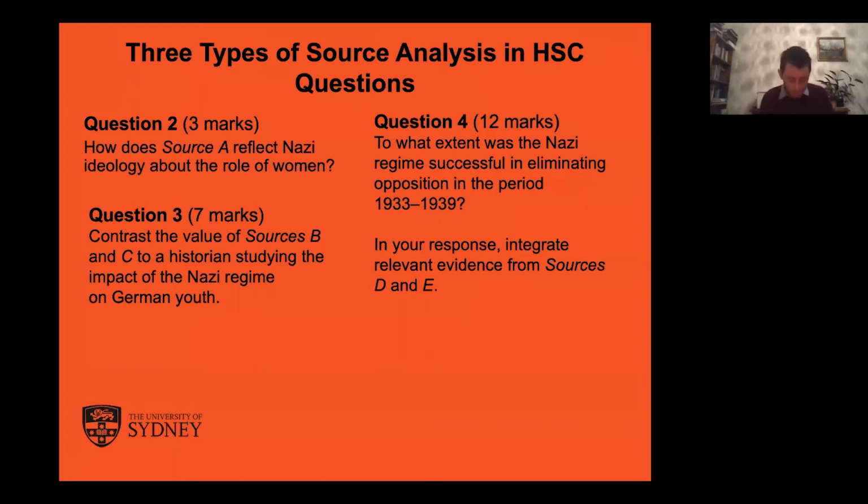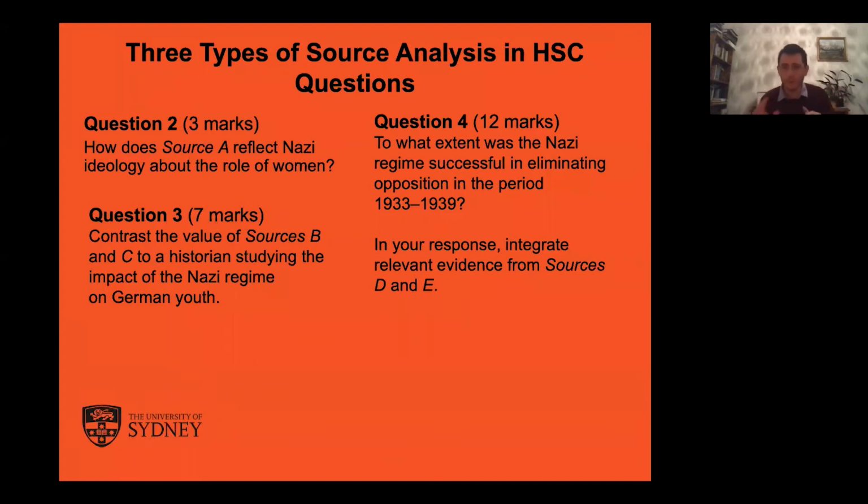Another kind of question you'll be asked is this one, question 3 from last year's paper, which explicitly asks you to assess the value of these sources to an historian working on a particular topic. The other style of question you could encounter is one like this, question 4 from last year's paper, which asks you to incorporate evidence from a specific source in a longer response.